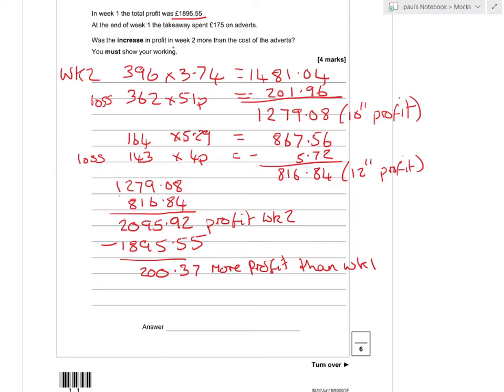Right, was the increase in profit week 2 more than the cost of the adverts? Adverts were 175. So yes.